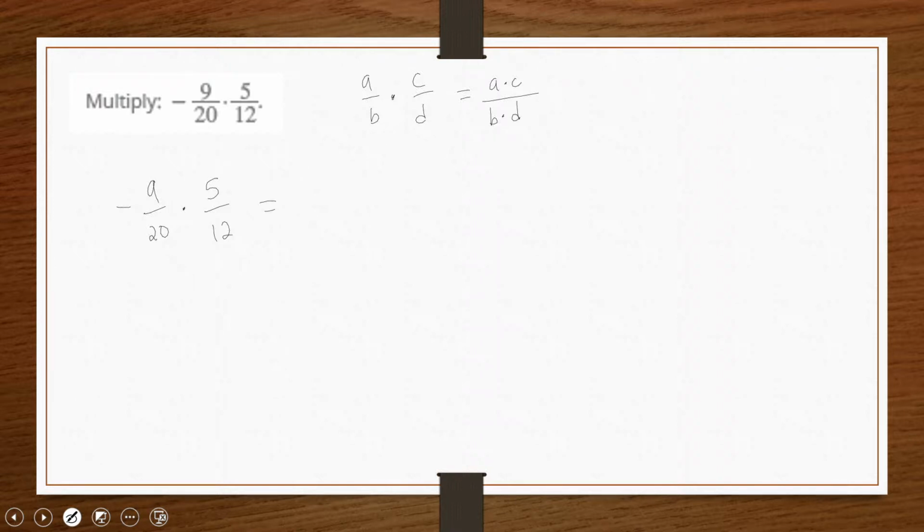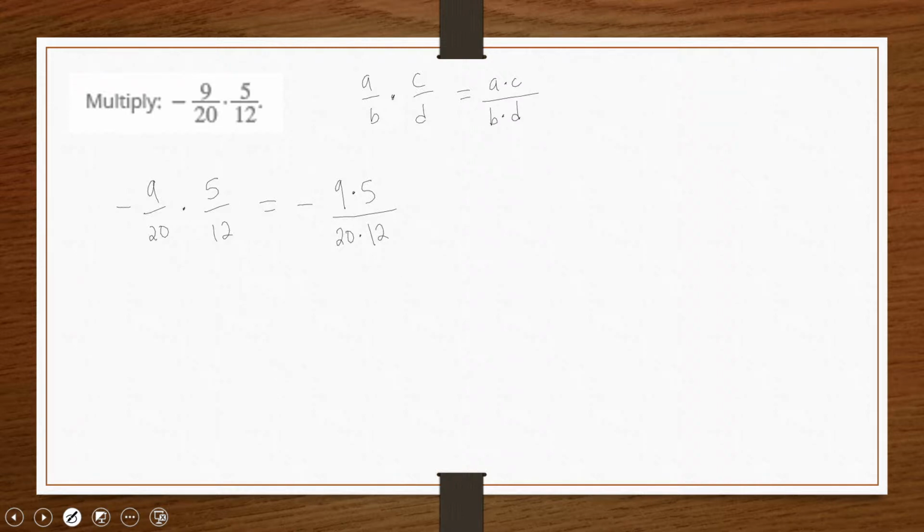So just following that, since I have a negative value times a positive fraction, I'll have a negative solution. In the numerator, I have 9 times 5, and in the denominator, I have 20 times 12. Okay, so now this is technically the solution. It's not simplified by any means. We just sort of put it in the correct format.